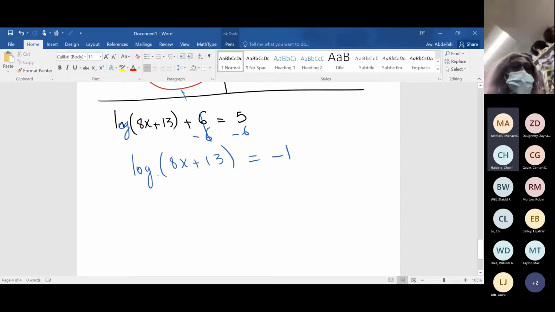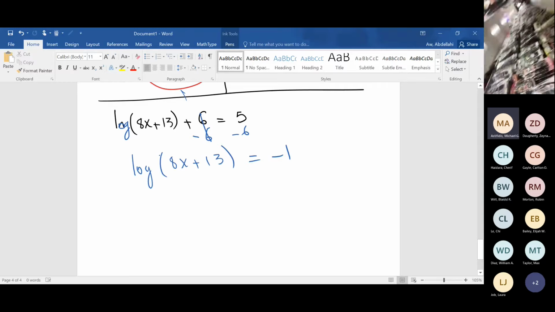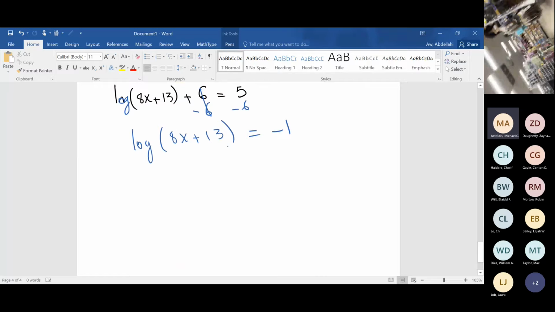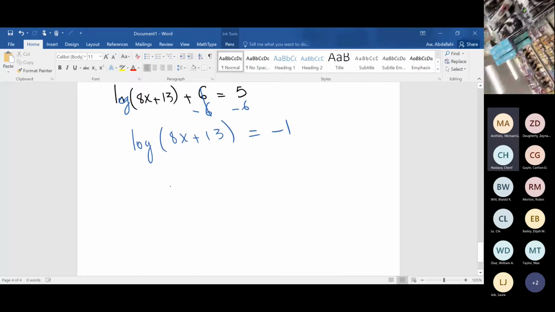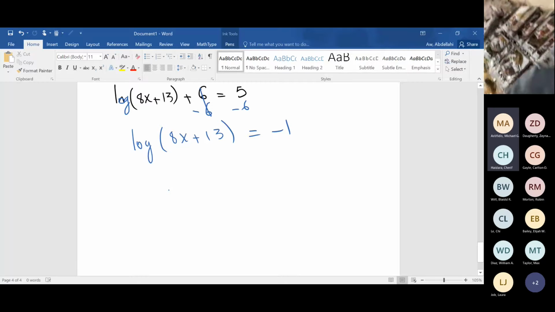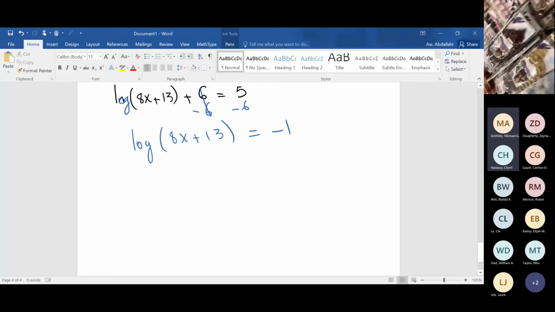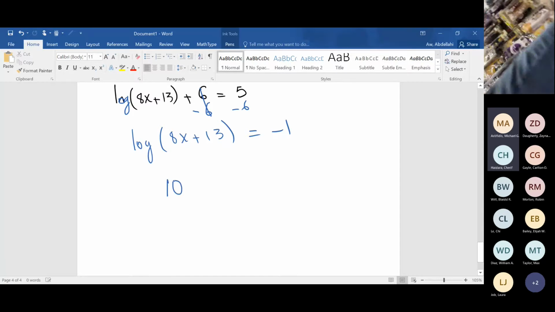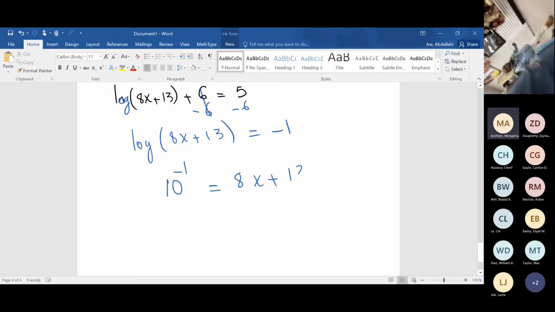I just change it to log because we just did ln, right? So the exponential form will be what? Log cannot be negative. I mean, log can be negative, no problem. 10 to negative 1 is 8x plus 13, right?